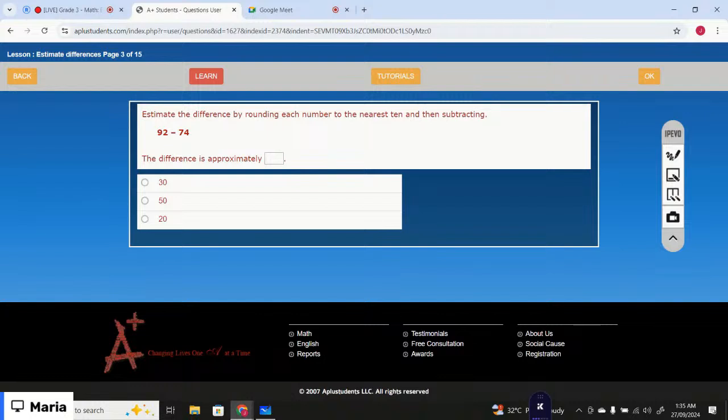The correct option is 90 minus 70, which is 20. Option number 3 is the correct option.